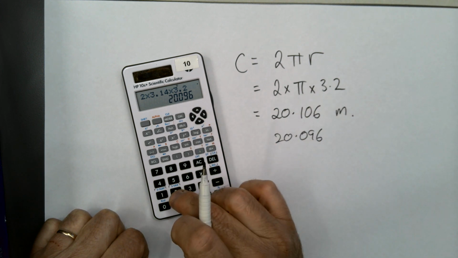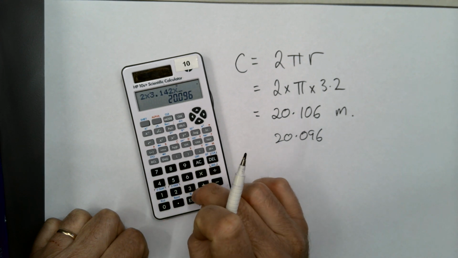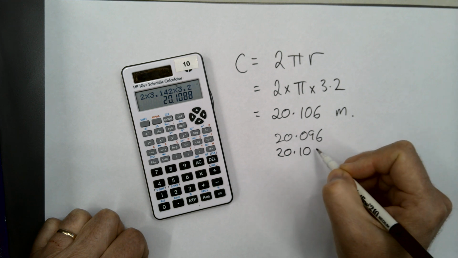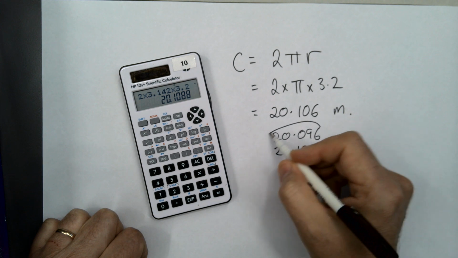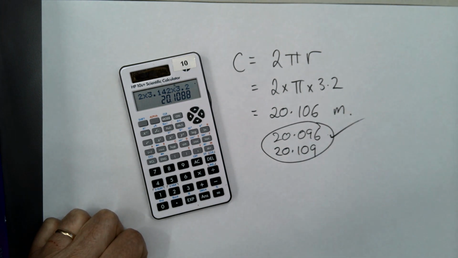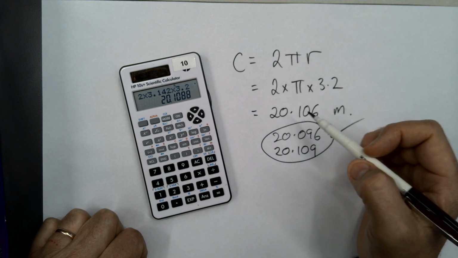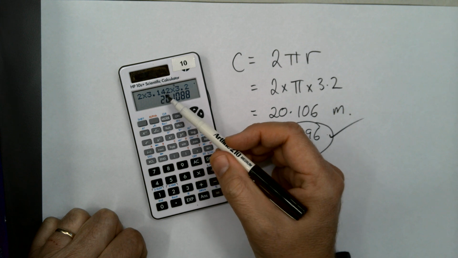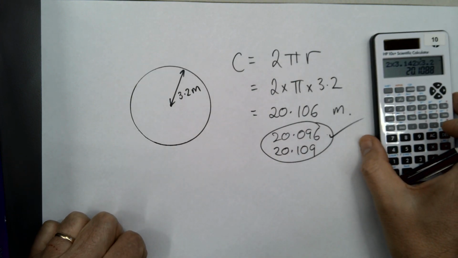What if we use 3.142? 3.142 times 3.2, I get 20.109. Look, if you did any of those, I'd mark you correct. It depends on what kind of pi you use, whether it's the one that's stored in the calculator or a shortened version. Doesn't matter, just get it done.